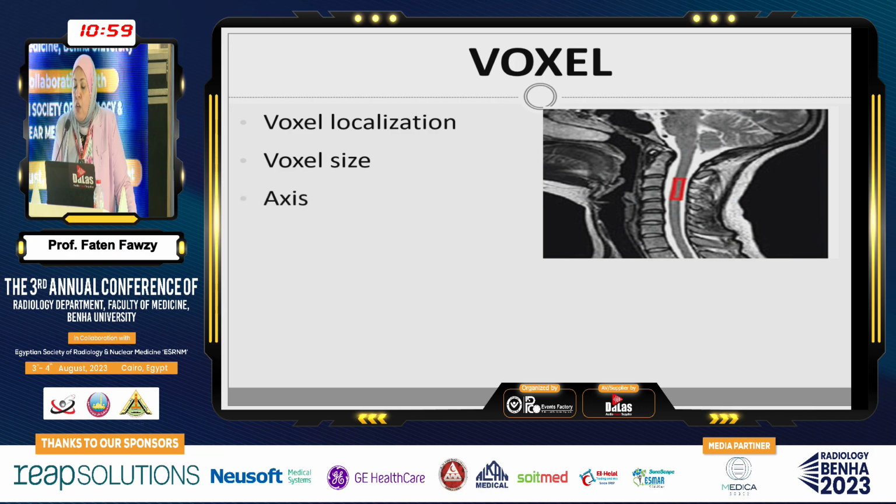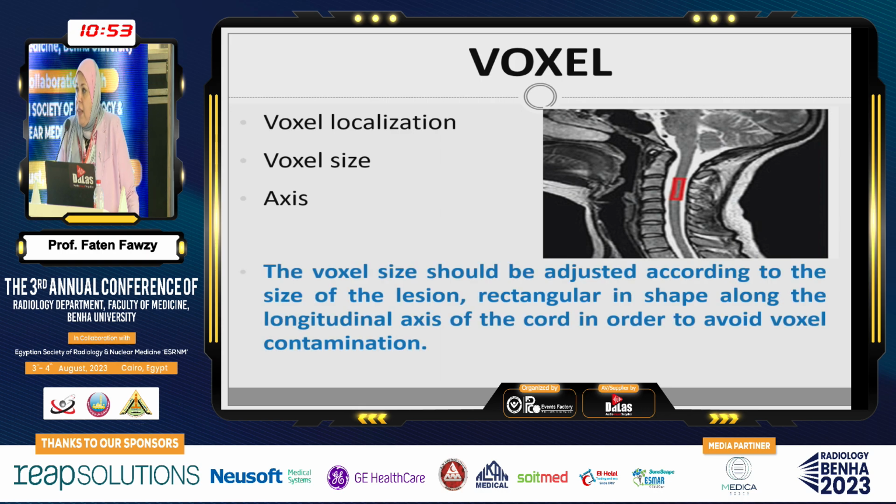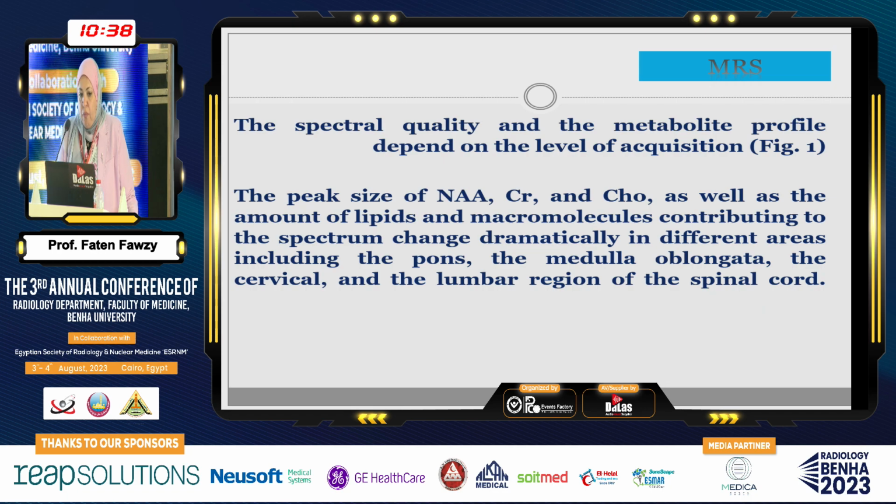The voxel should be rectangular in shape, parallel to the long axis of the spinal cord, accurately applied on the lesion or on the normally appearing cord in order to ensure the spectral homogeneity and to avoid any voxel contamination with the CSF.